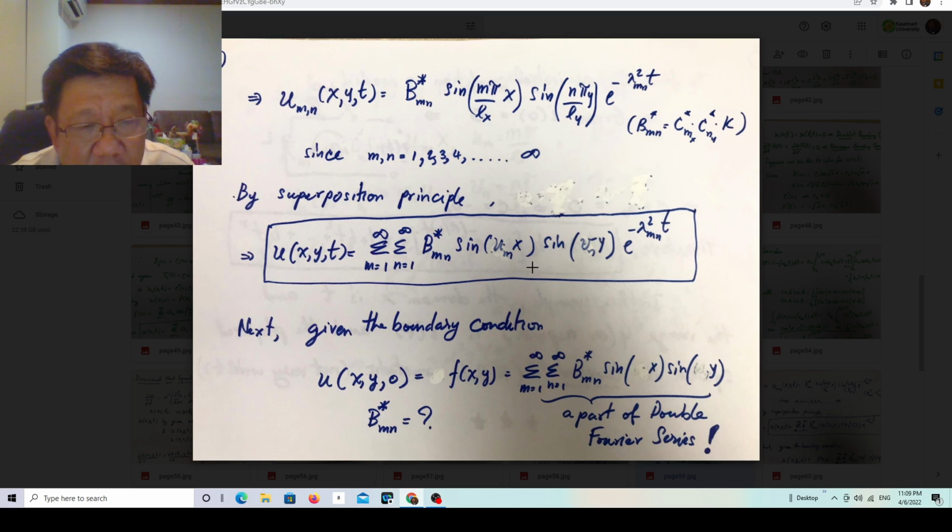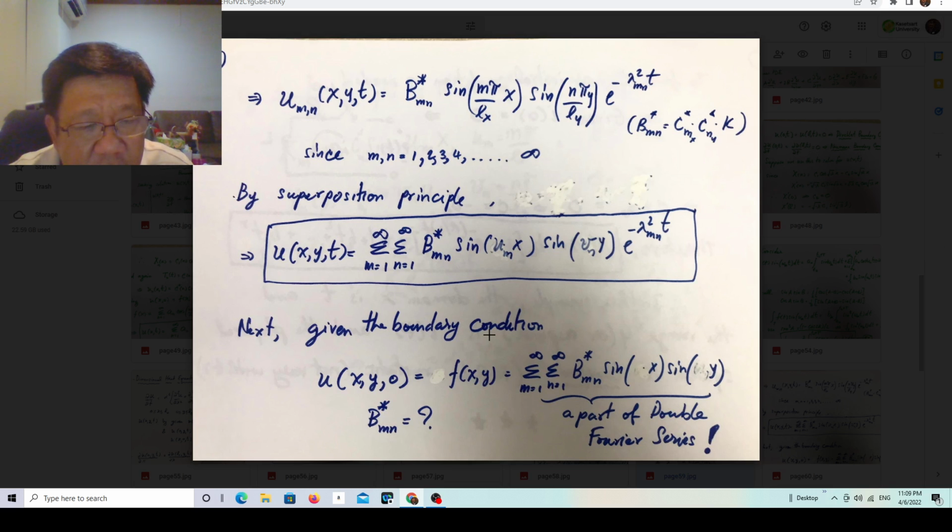This becomes the general form, where mu_m is m pi divided by L_x and v_n is n pi divided by L_y. So this is the general form of u(x, y, t).